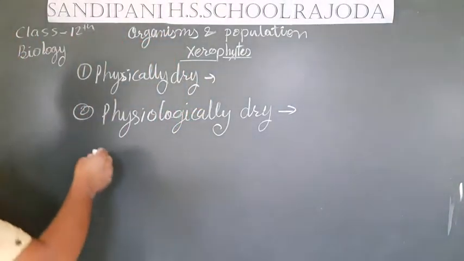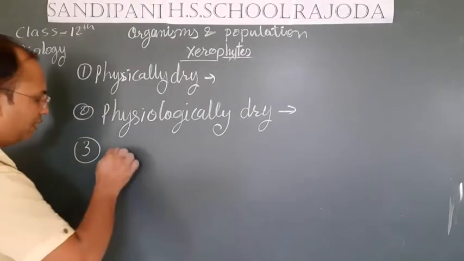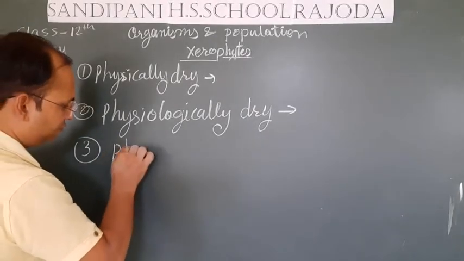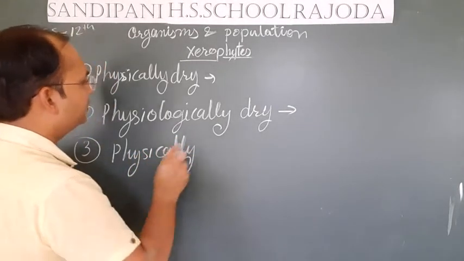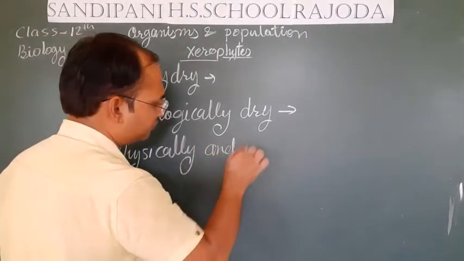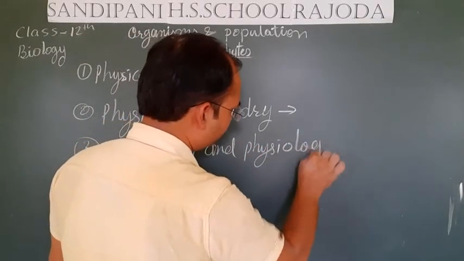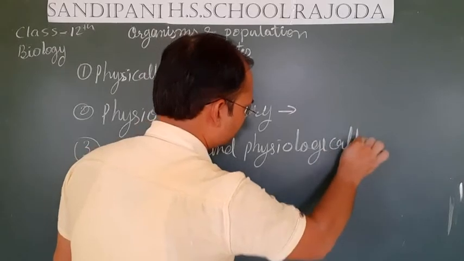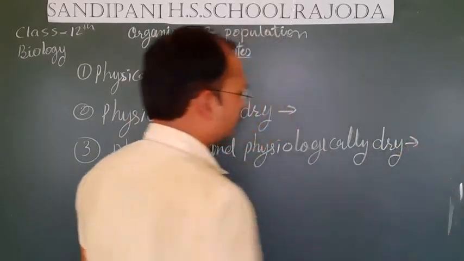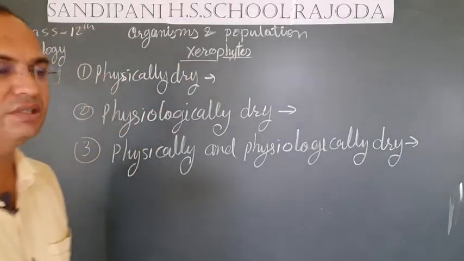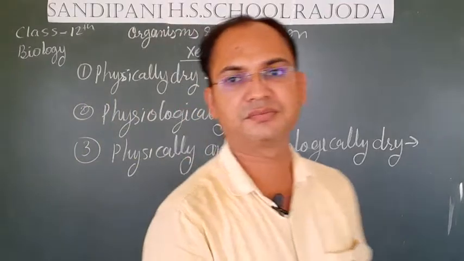The third one is physically and physiologically dry. As the name suggests, it is the combination of the first and second types of habitat.